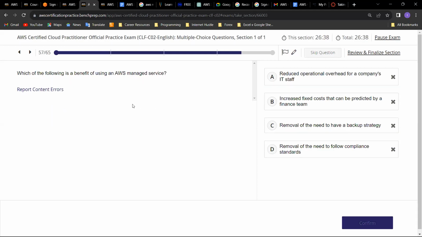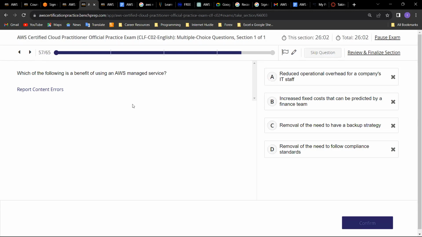Which of the following is a benefit of using an AWS managed service? I'm seeing A. Read this question and finish.